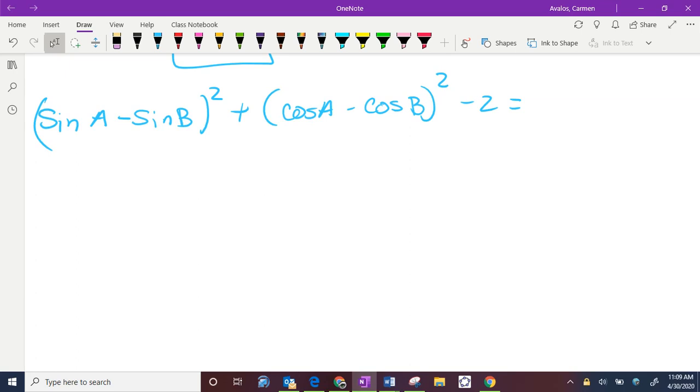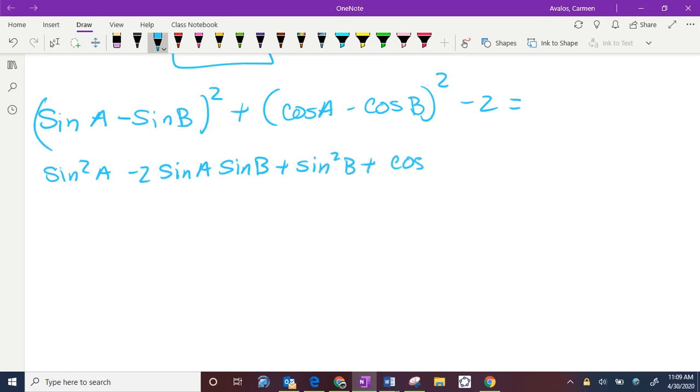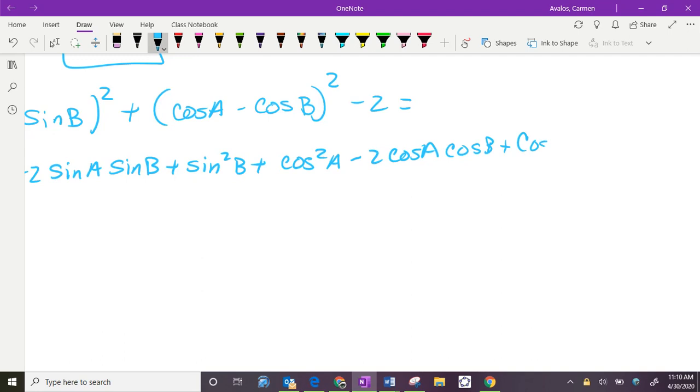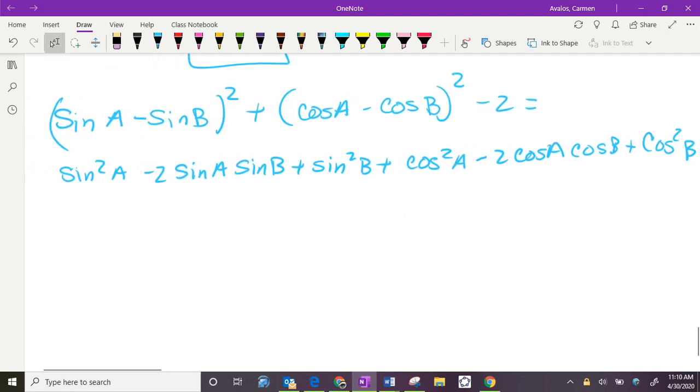So you're going to get sine squared of A minus 2 sine A sine B plus sine squared B plus cosine squared A, minus 2 cosine A cosine B plus cosine squared B minus 2.